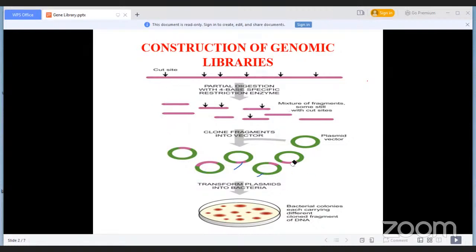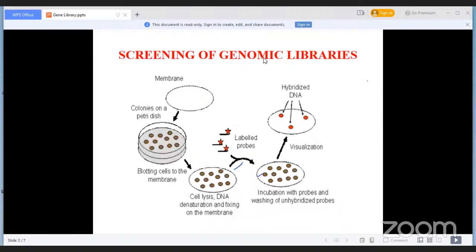One is construction, another one is screening of the genomic library. There are also some extra mechanisms before construction of the genomic library. It's given in our book. Just cDNA construction. Okay, no need. No problem. Right. Now screening.